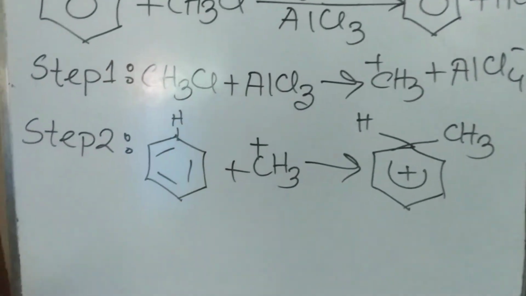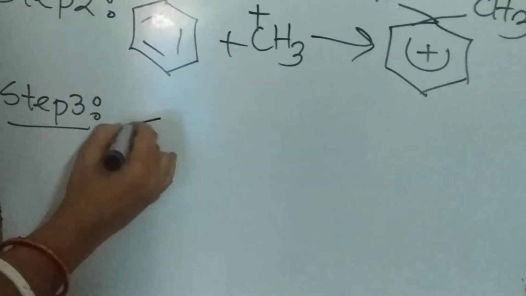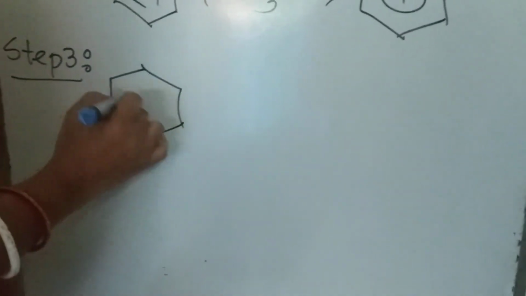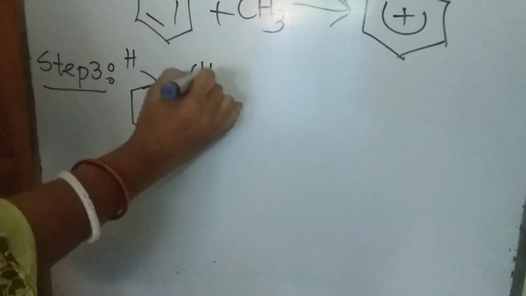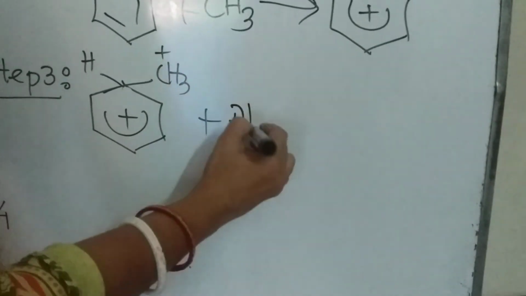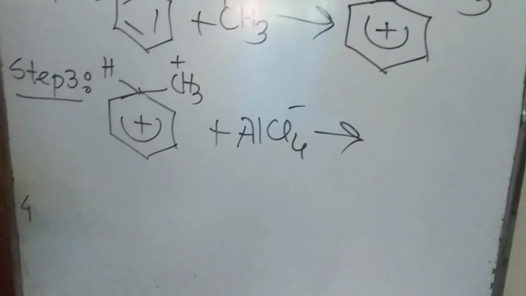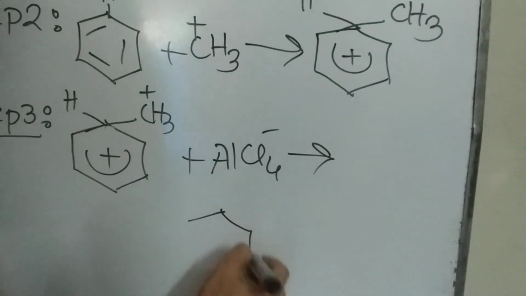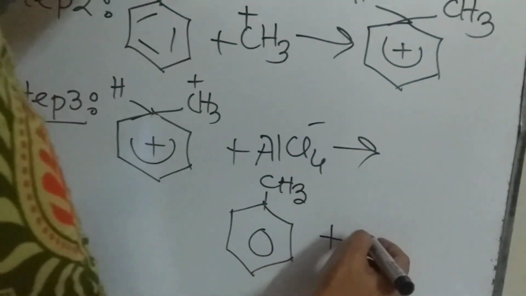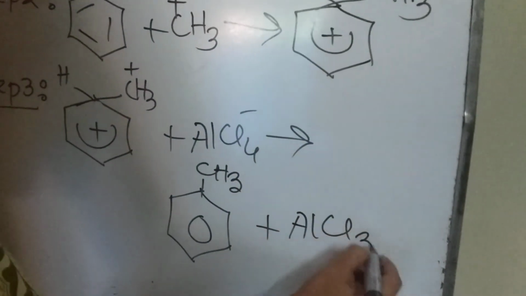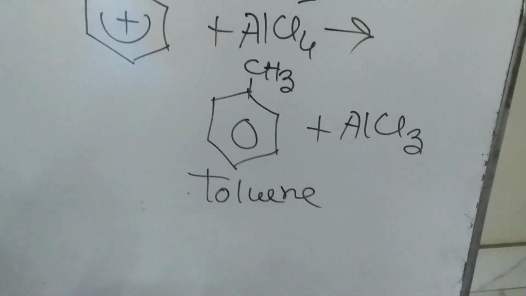And in the third step, this unstable ion reacts with AlCl4 minus and forms toluene. This is the mechanism of Friedel-Crafts alkylation.